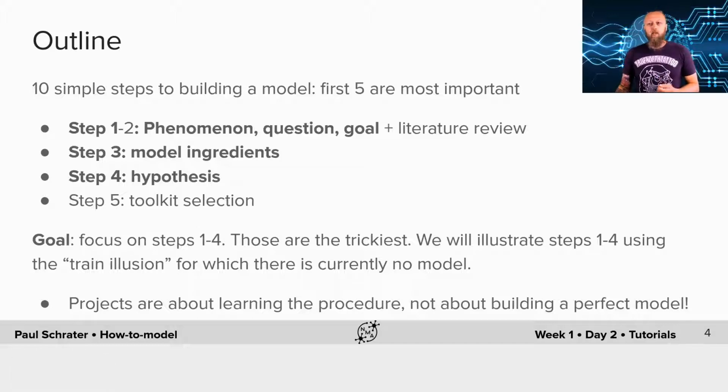Those are the trickiest ones typically, and we will illustrate those steps using a particular phenomenon called the train illusion that I will introduce, for which there's currently no model.